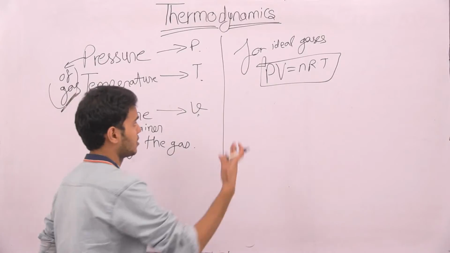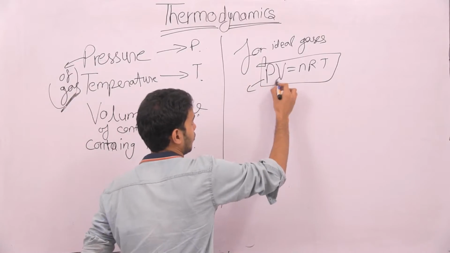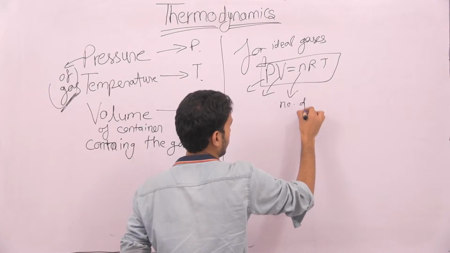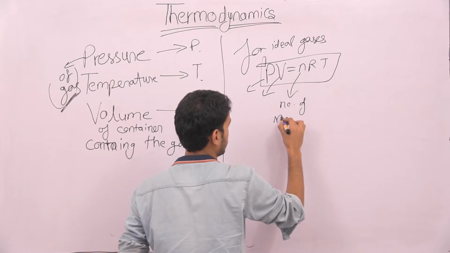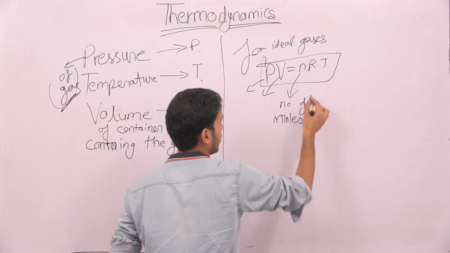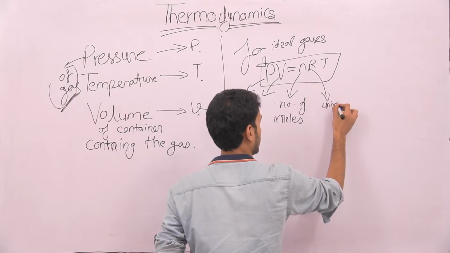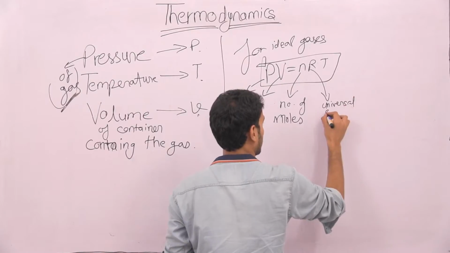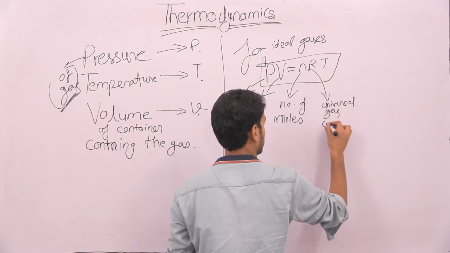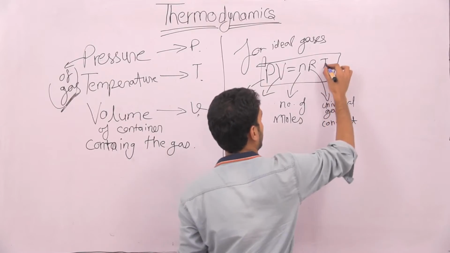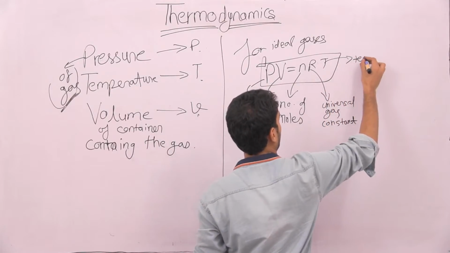Here P is pressure, V is volume, n is number of moles, R is universal gas constant, and T is temperature.